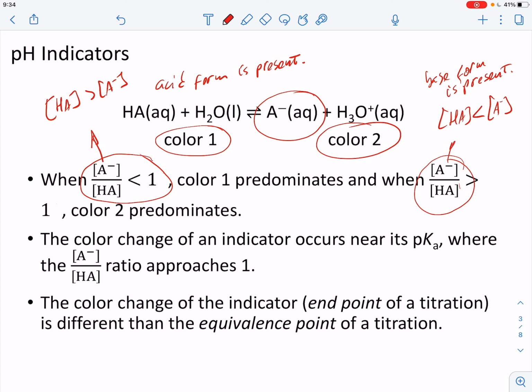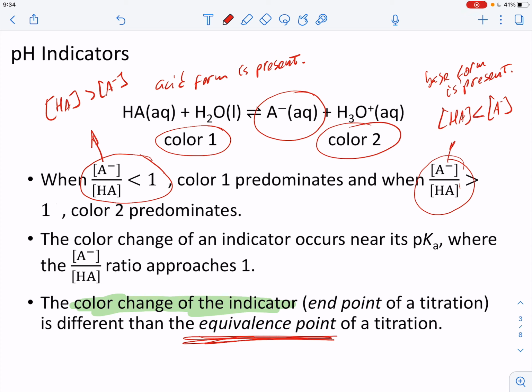Now, one thing is that you have the color change for that indicator, okay? And a different thing is that you are actually at the equivalence point of the titration, because it's really, really hard to find an indicator that will change right at the moment that you want it. So you want that indicator.